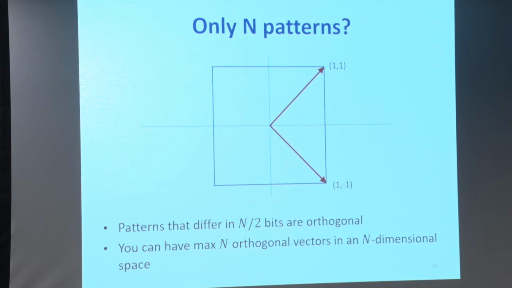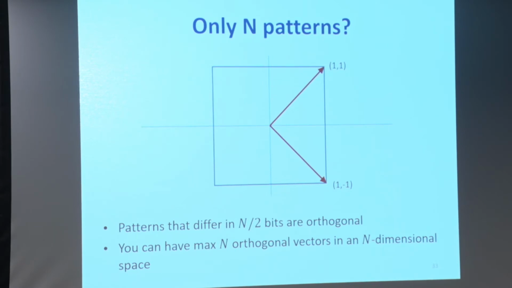If an N-bit pattern differs from another pattern in N minus 2 bits, the two are orthogonal. They're at 90 degrees to one another. If I have N-bit patterns, they live in an N-dimensional space.